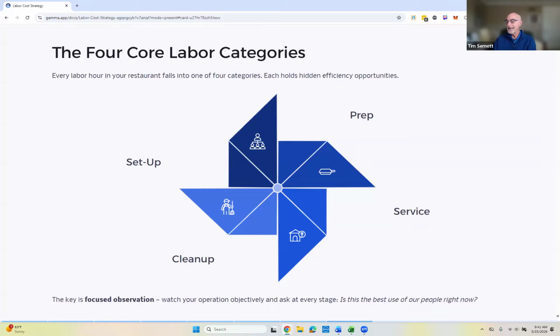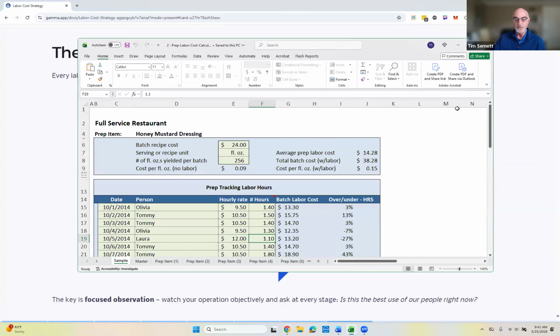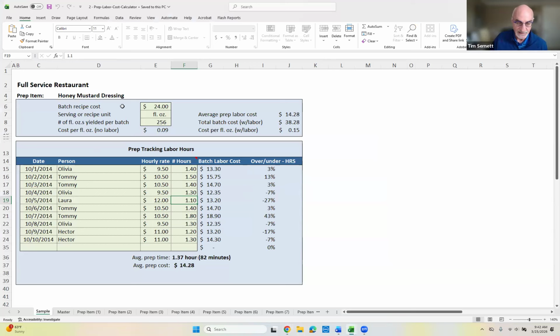Prep. This is where task benchmarking becomes powerful. The question isn't just who can do this fastest, it's who can do it at the lowest total cost. And let's bring over a little analysis and an example. Honey mustard dressing. This is a batch recipe that's made in-house. It's 256 ounces, and the cost is $24.